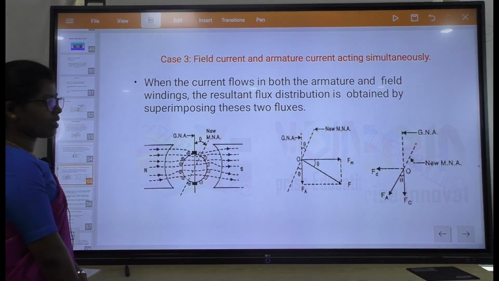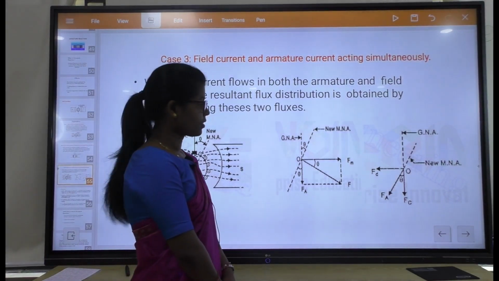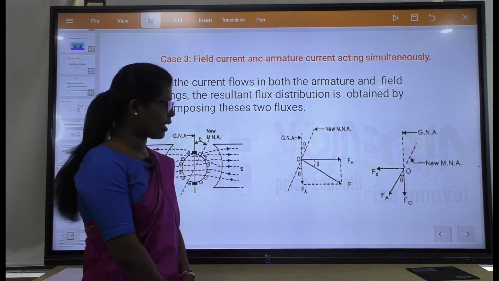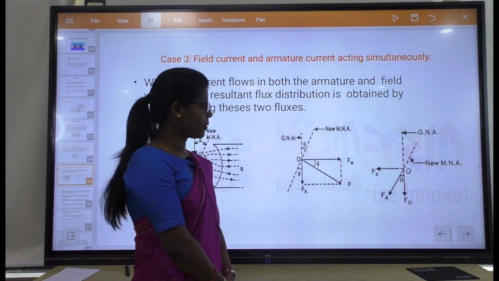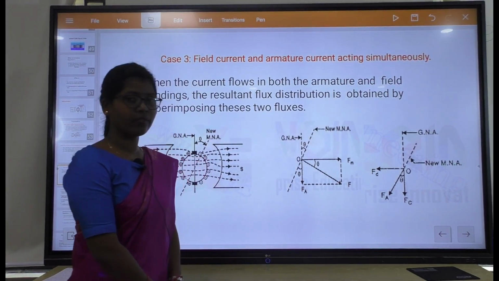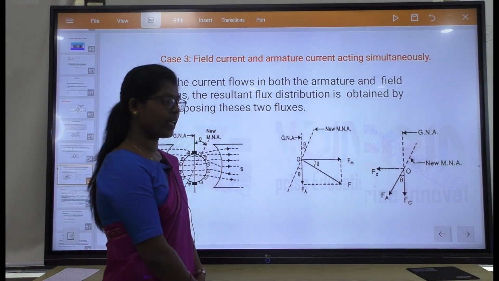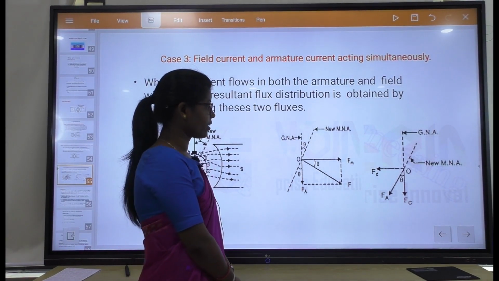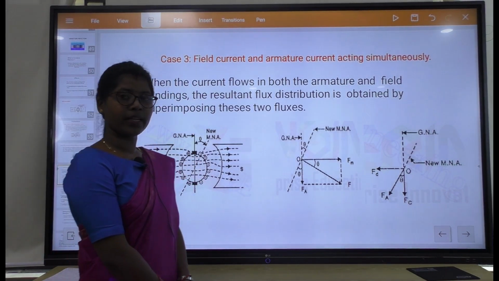So FA can be resolved into two rectangular components because it is no longer vertically down, it has some angle theta. So this FA can be resolved into two rectangular components, that is FD and FC. FD is one component and FC is another component.